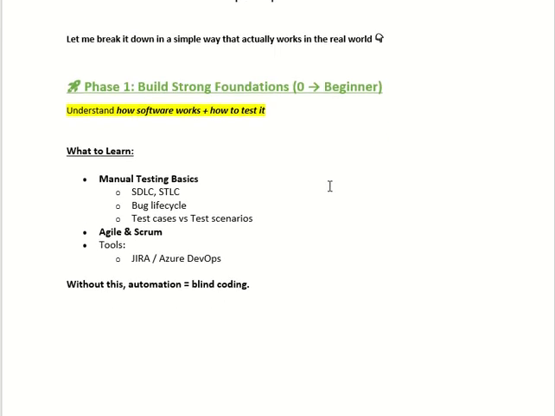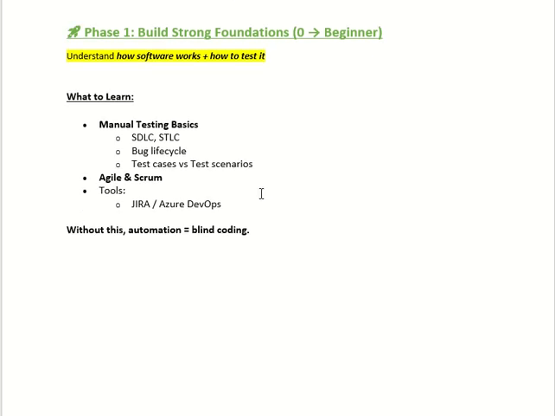Okay, phase one. This is where we go from zero to beginner stage. Here you need to build strong foundations. You need to understand how software works and how to test it. What to learn here? Manual testing basics like STLC, bug life cycle, test cases, test scenarios, and the different testing terms.